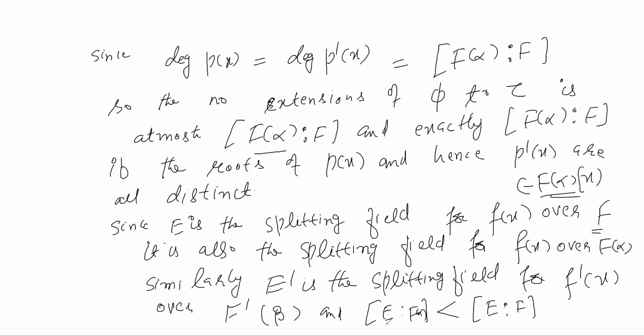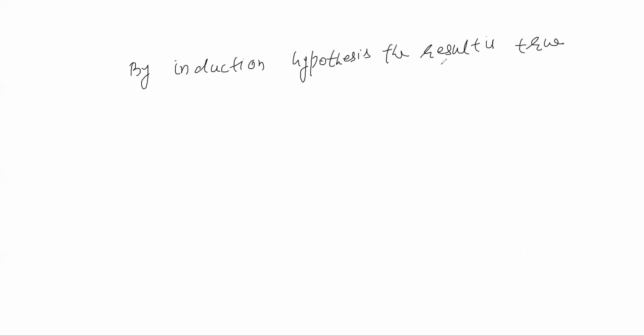So by induction hypothesis the result is true, because by induction we are assuming that the result is true for all those extensions whose degree is less than the degree of extension of E over F. So by induction hypothesis, the result is true for E over F alpha.